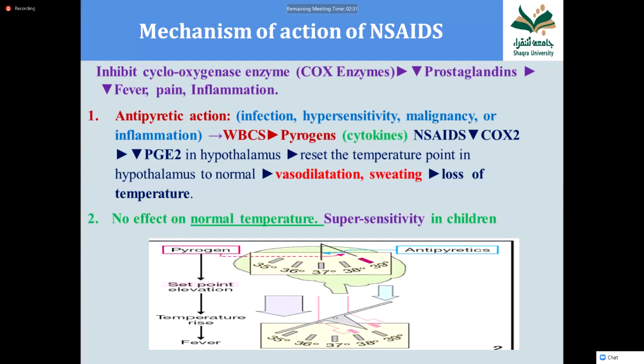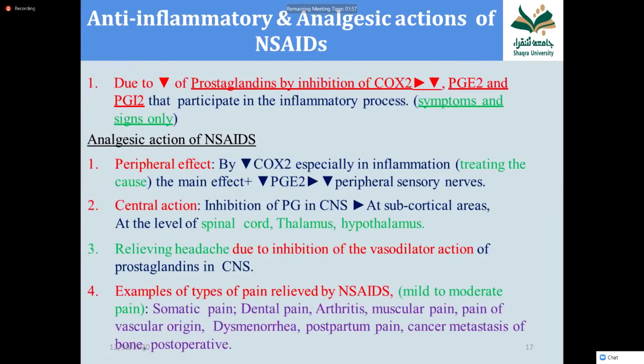Pyrogen stimulates synthesis of cytokines, and these NSAIDs prevent the synthesis of prostaglandins by inhibiting COX-2 and decrease PGE2 in the hypothalamus and reset the temperature point in the hypothalamus to normal, and ultimately lead to vasodilation, sweating, and loss of temperature. So the question is asked, can it affect the normal temperature? Answer is no.